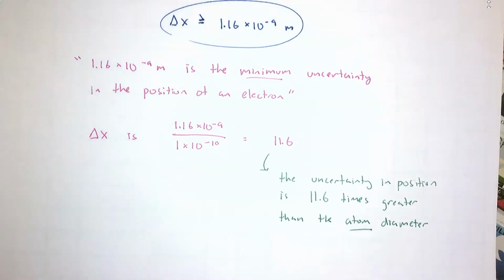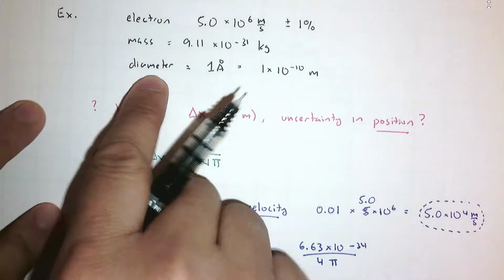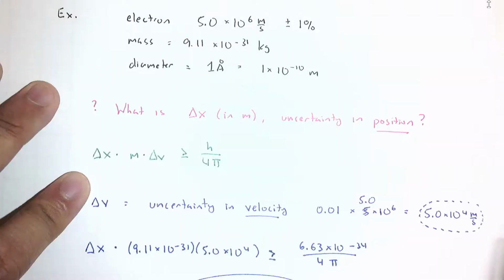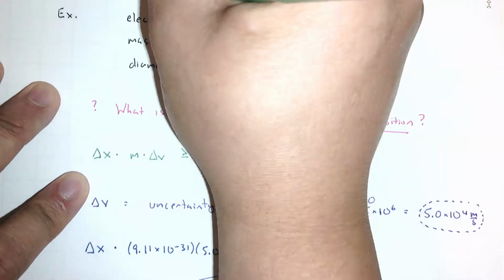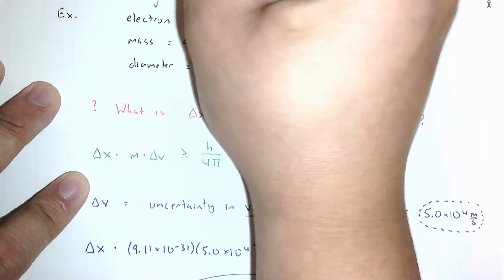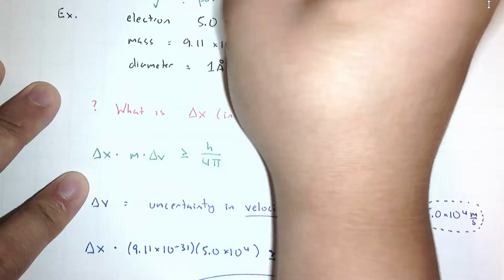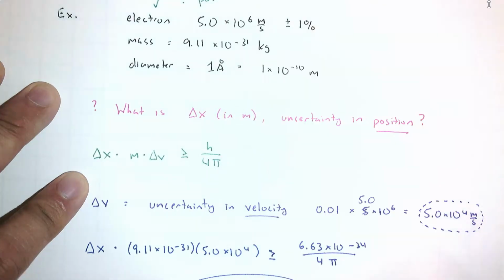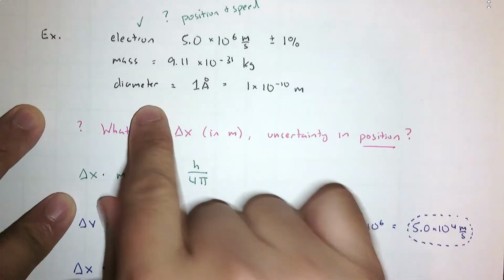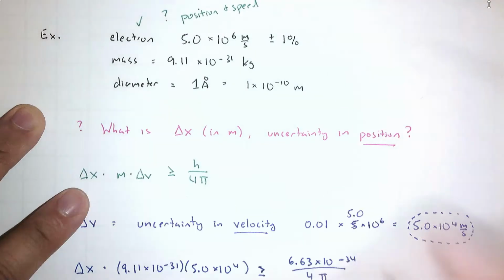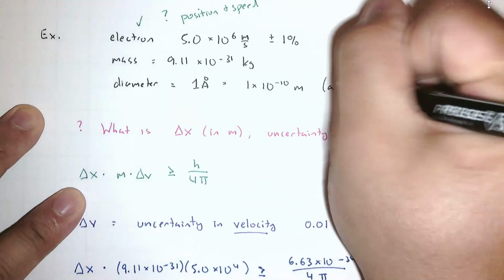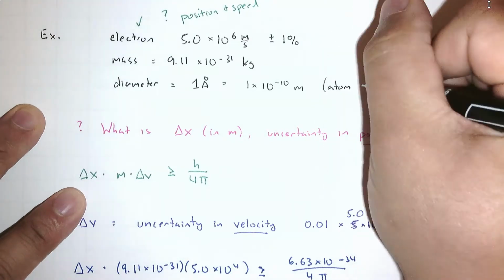Okay, and I apologize. I totally screwed up. We're still looking at the electron, and we want to know, right, the position and speed. But I totally messed up. That's the diameter of the atom that contains the electron.